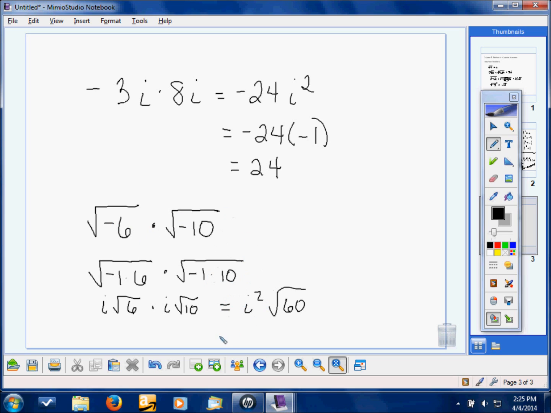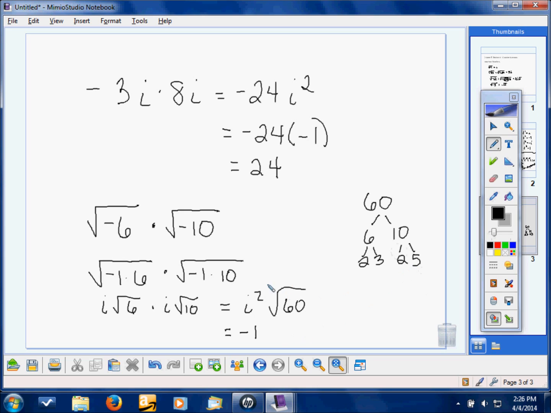Because the imaginary numbers, which both of them contain an imaginary unit, you have to be careful with. What does i squared simplify to? Negative 1. And square root of 60 can simplify, right? 6 and 10, and 3 and 2, 2 and 3 and 2 and 5.